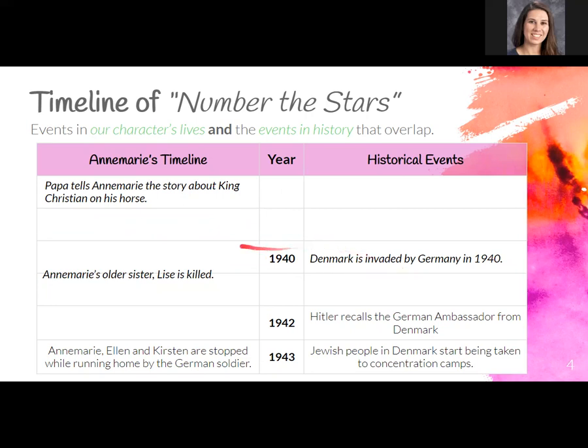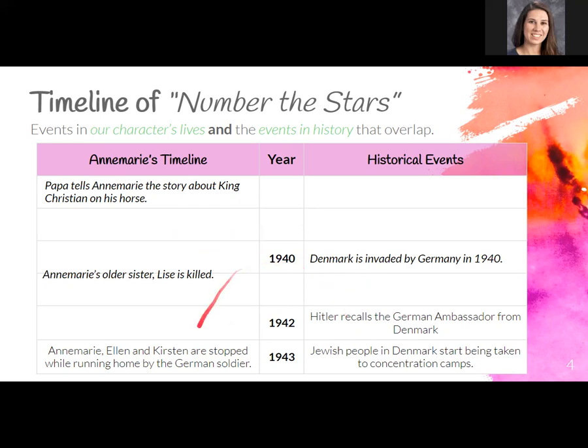After that happens, and we don't have an exact date, Anne Marie's older sister, Lise, is killed. But between 1940 and 1942, after she is killed, Hitler recalls the German ambassador from Denmark. So he is pulling his ambassador out of Denmark.